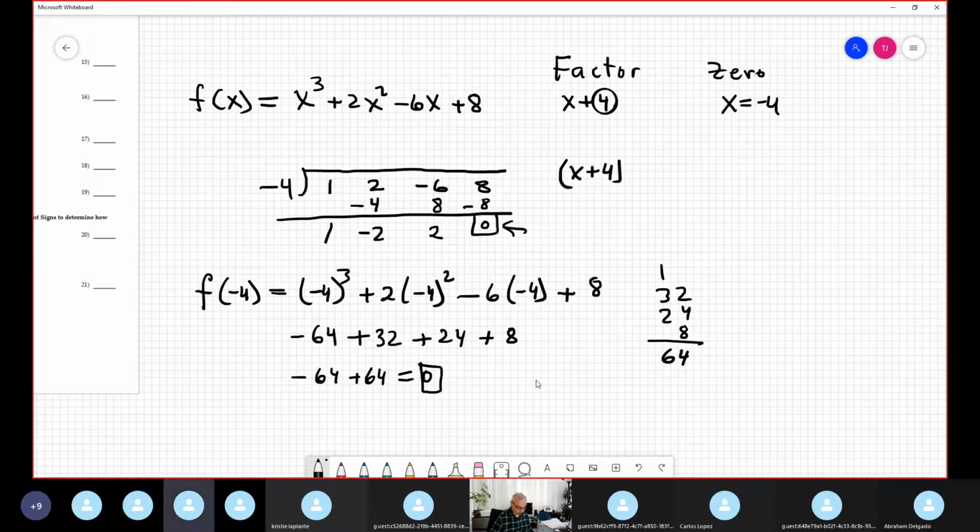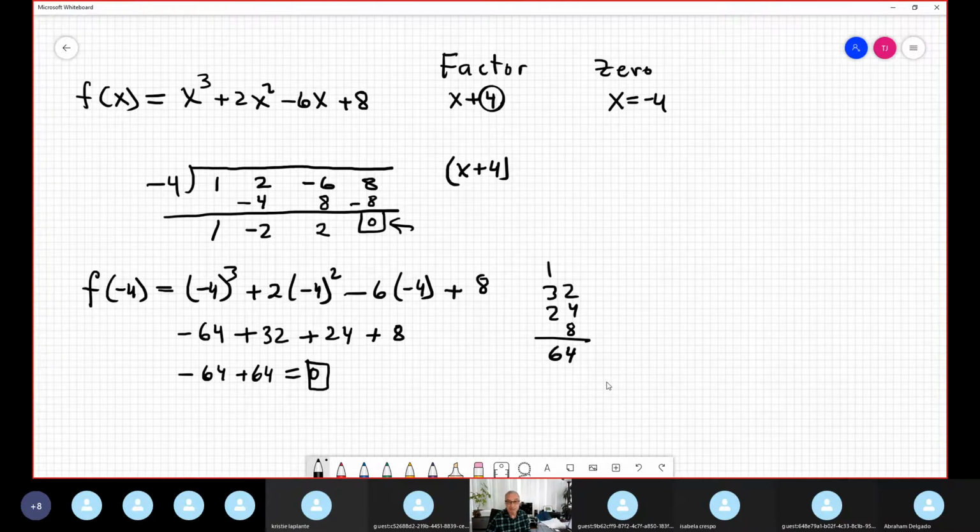Can you also do it through long polynomial division? Say again? Can you also do it through long division? Yeah. Good question. Excellent question. I like to hear that question. So, long division is more general. You can divide any polynomial by another polynomial. But frequently, we use long division when, for example, you have degree 3 divided by degree 2.